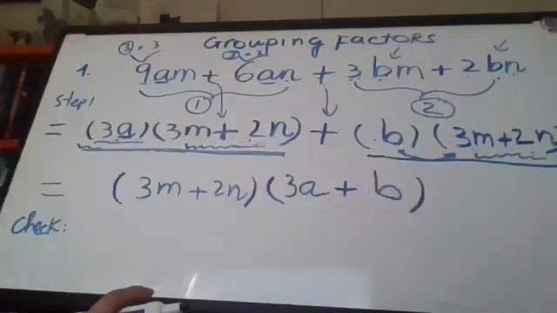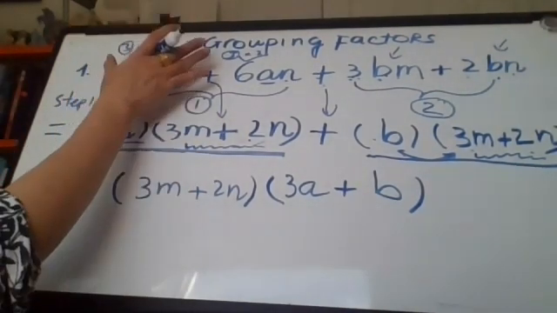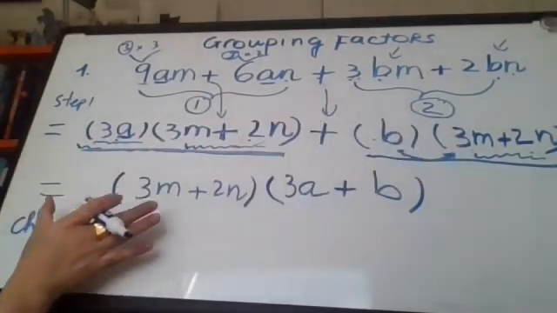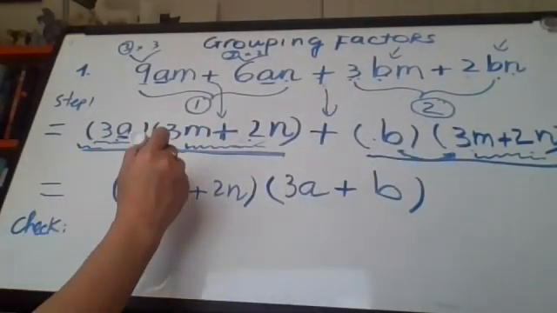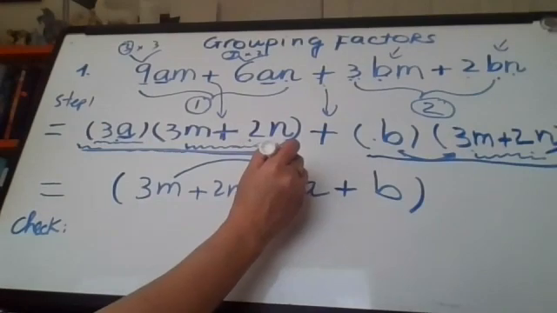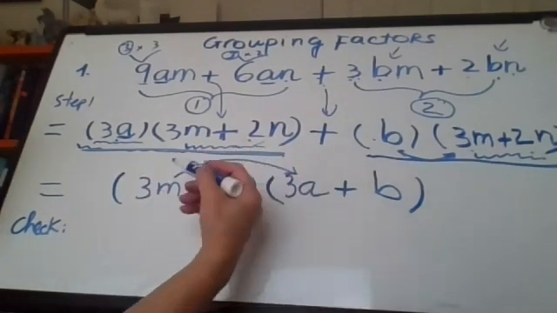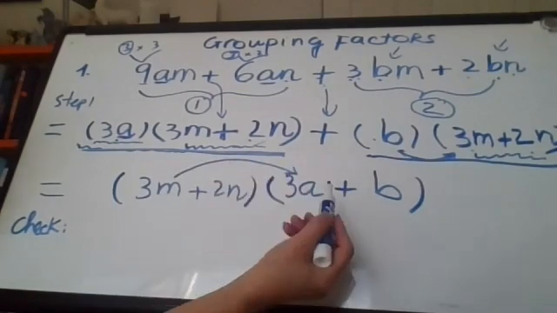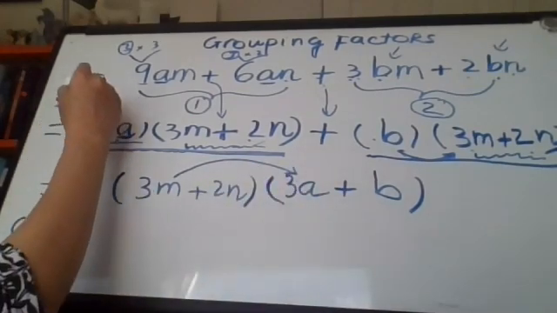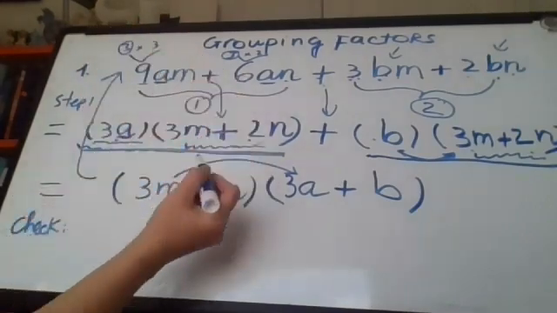But let's check the first time. So we go from here, equal this, and then equal this. Now I'm going to distribute these 2 brackets to see if I expand them, I multiply these 2 brackets together. Do I get back the first expression like this?